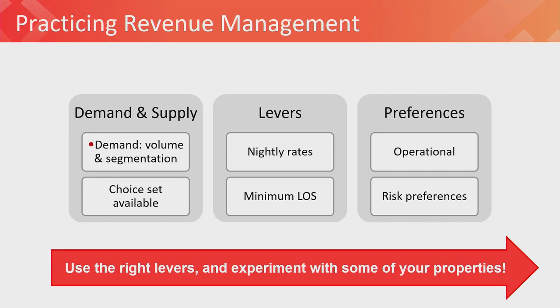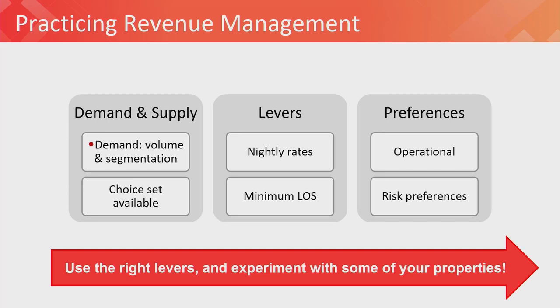Segmentation is important to figure out who these travelers are and why they are coming. A business traveler has different needs: a different booking window, a different minimum stay. A leisure traveler coming with a large family is probably going to book much further out because they need to coordinate with a ton of different people to finalize dates, and they're going to stay for much longer.